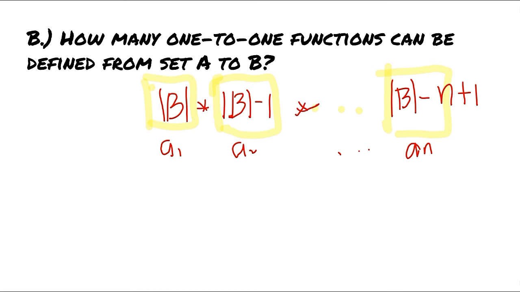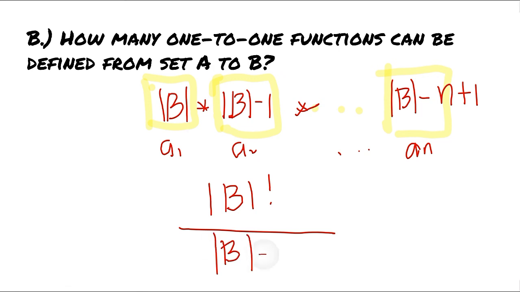This will amount to just the permutation of b, or we could express this as b factorial divided by the cardinality of b minus the cardinality of a, quantity factorial.